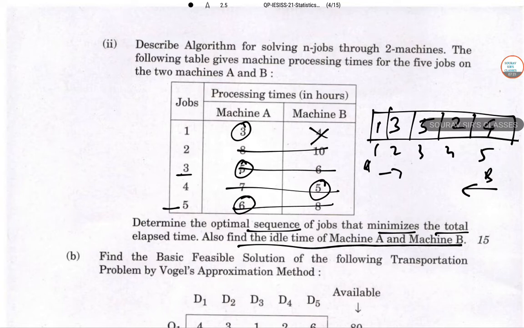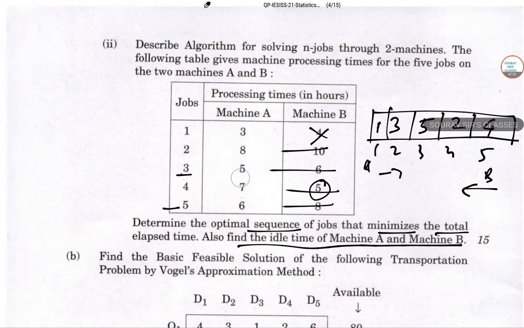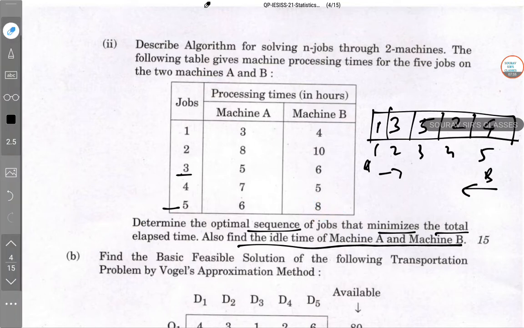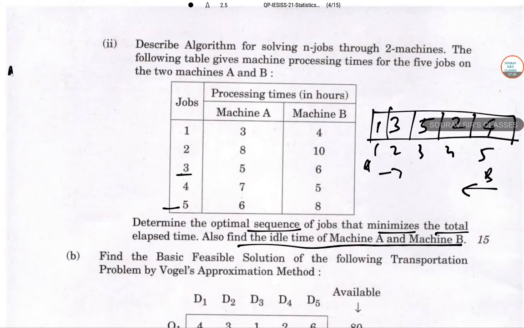So how to do it? Let me just do it for machine A. Let me just clear it. For in-time and out-time, for machine A, in is 0.